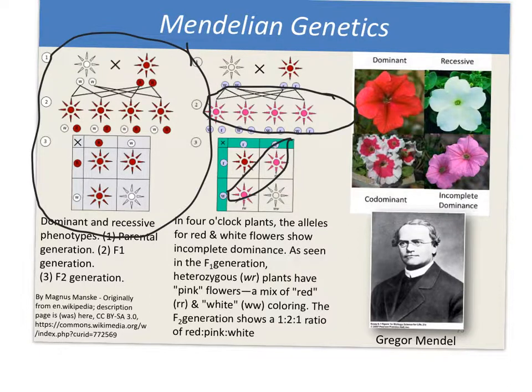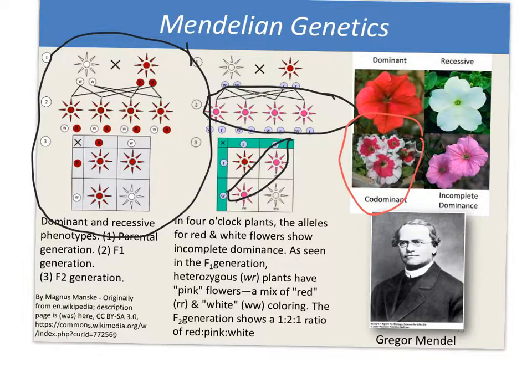And then to make it even more confusing, you can have something called codominance, where you have flowers that are red and white.